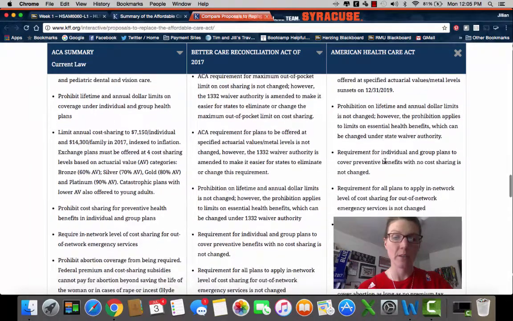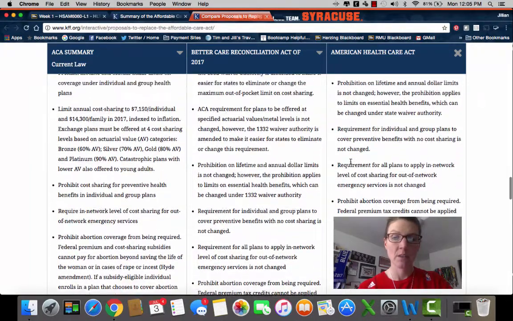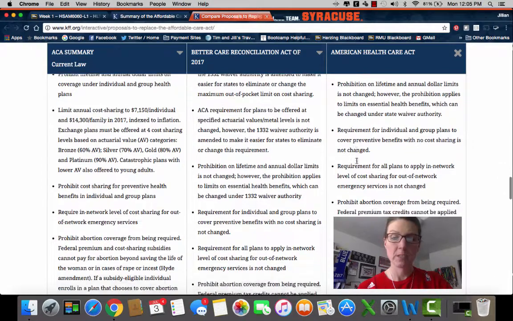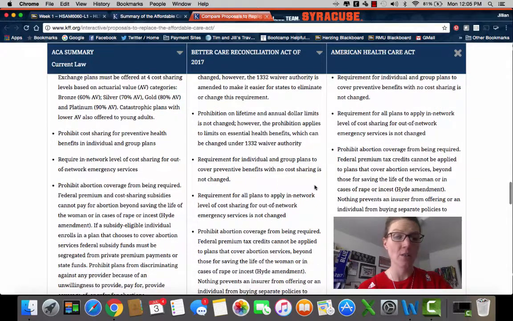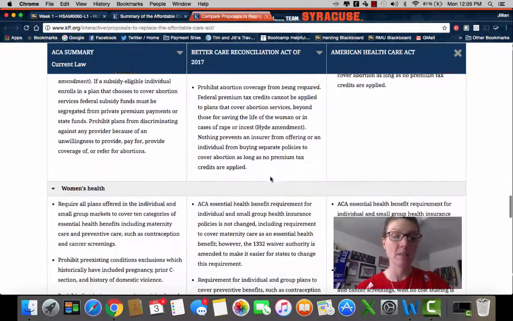If we scroll down here a little bit, cost sharing, preventive benefits with no cost sharing, not changed. So those types of things are not changed in the new plans.